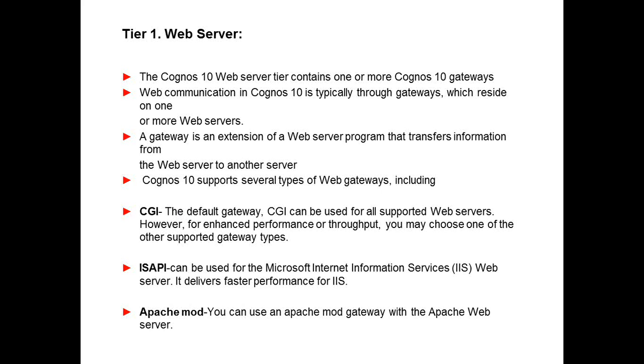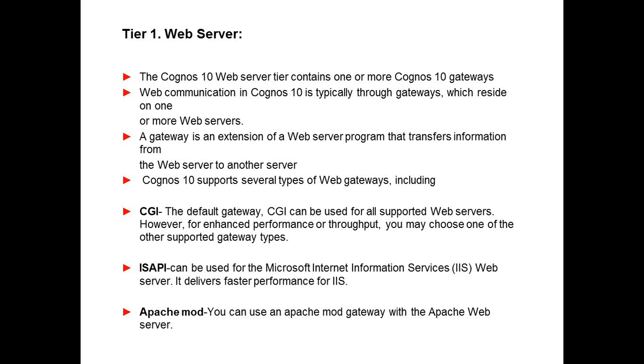While configuring, you will come across these things, like whether CGI or ISAPI. If you see the link localhost/cognos8/cgi-bin/cognos.cgi or cognosisapi.dll, these are the different gateways.